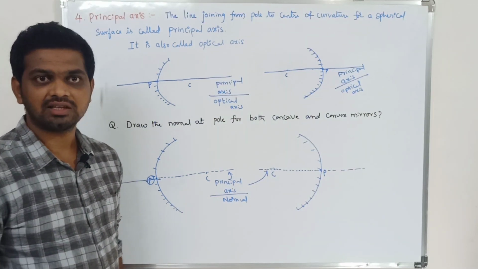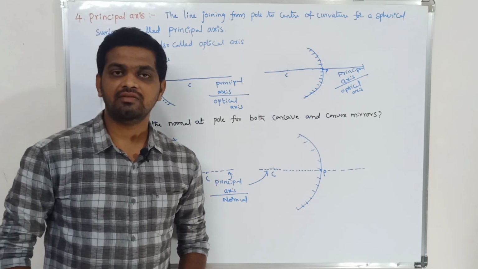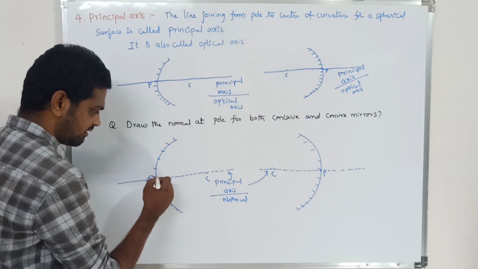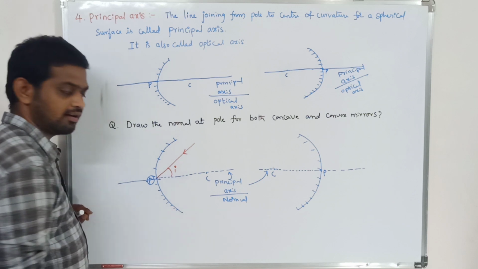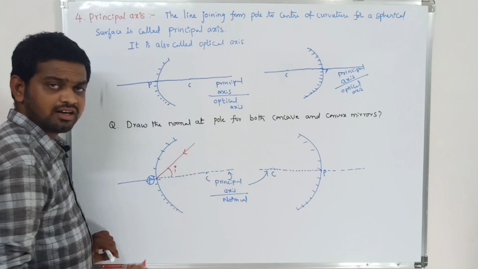Why? Because the laws of reflection are valid for both spherical and plane surfaces, which consist of regular surfaces. So here I have considered the incident ray making a certain angle I, because this principal axis is the normal. How will you get the reflected ray?